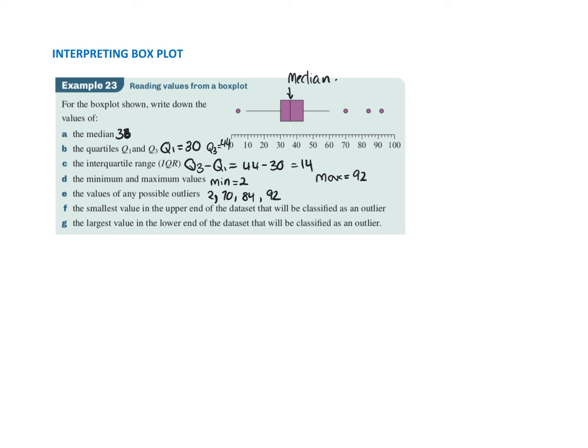Okay. So now it says in F, this is where we're going to test for outliers. F asks for the smallest value in the upper end of the data that will be classified as an outlier. So they're pretty much asking you to find the upper fence. Okay, the lower fence in this one, the smallest. So let's write out the formula that I said.